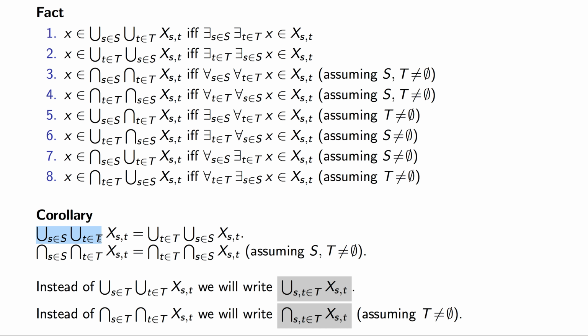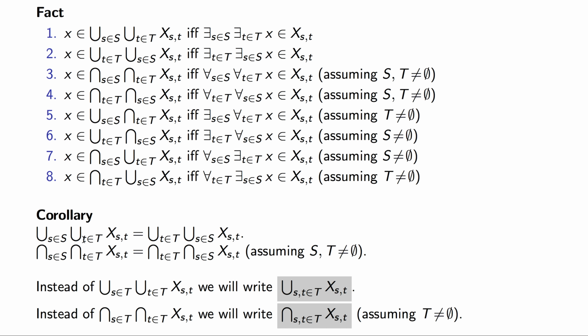When we take unions of a doubly indexed family of sets, the order in which we specify the union operations doesn't matter.